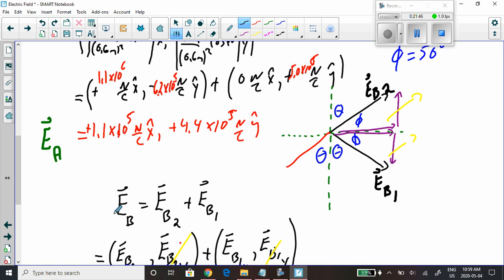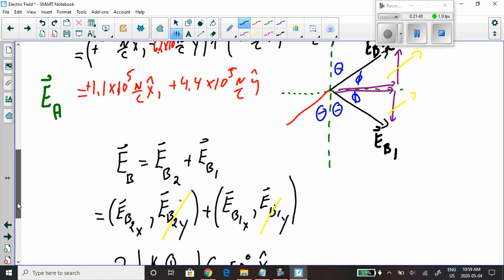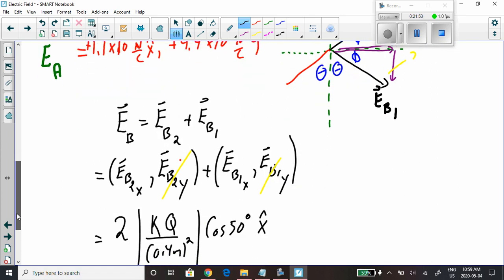So that's what I've drawn right here. The electric field at point B is equal to the electric field at point B due to charge 2 plus the electric field at point B due to charge 1. I break them down into components as I've done here, x and y.